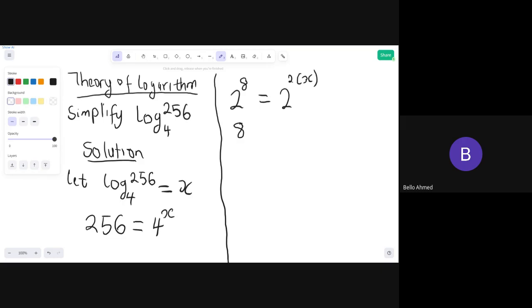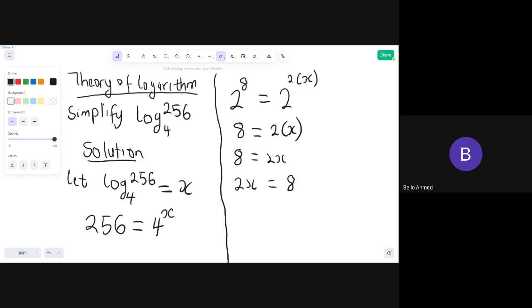So 8 is equals to 2 raised to open bracket what? x. So we close the bracket. So meaning that we're going to say 8 is equals to 2 bracket x, means 2 times x, which is 2x. And remember, I can write the 2x on this side equals to 8.